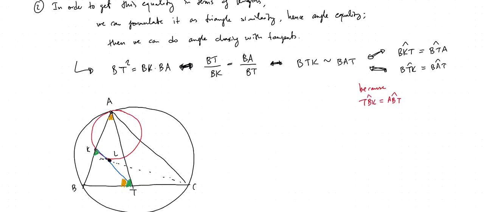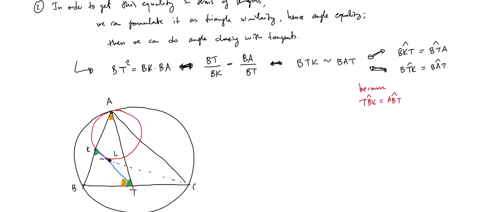And in fact, as you know, power equality is proven by triangle similarity with angle chasing. But the same thing solves the problem when we know that BT is tangent to the circumcircle of AKT.